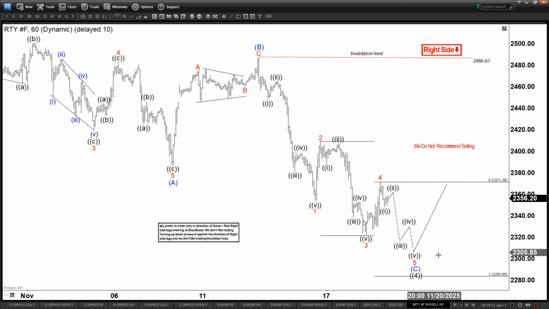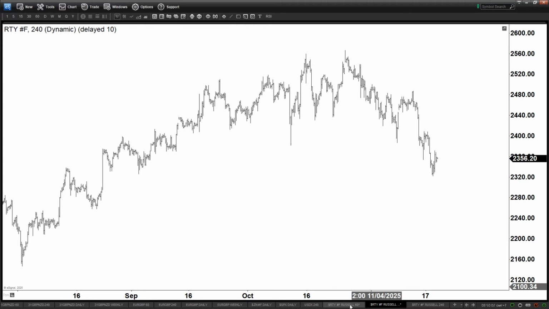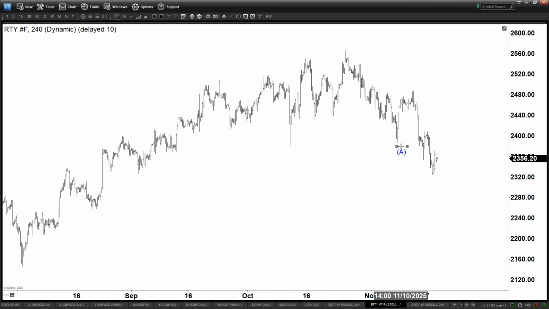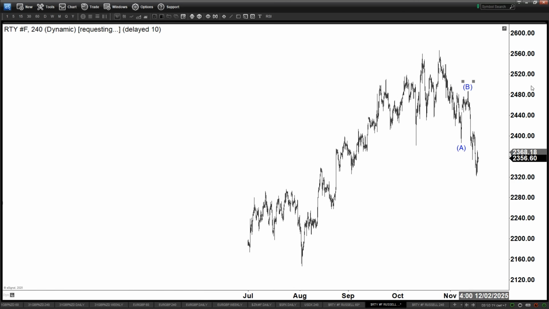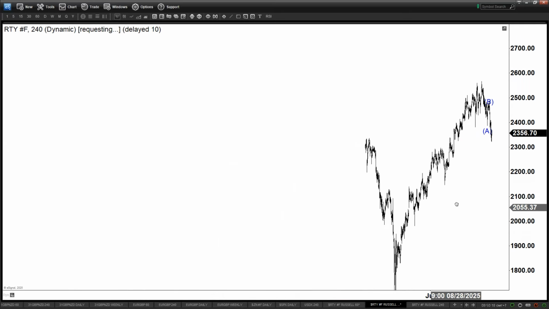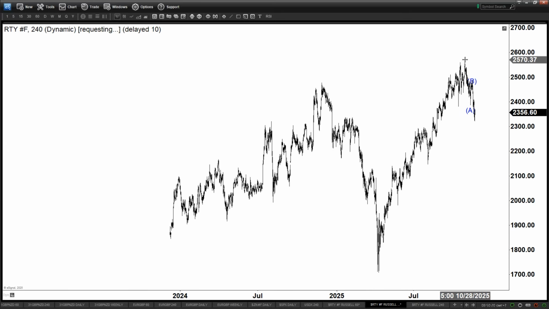less than 2283 to finish this with 5. Now if I zoom out and focus on the AP here, you can see where the AP is in the 4 hour, right here. This is the A and this is the P, right? So this is a zigzag pattern basically. Now I zoom out even more. Now you can see that this is the all-time high in the Russell.